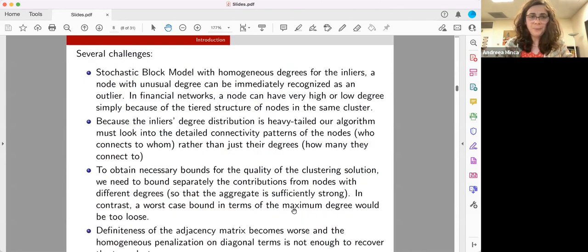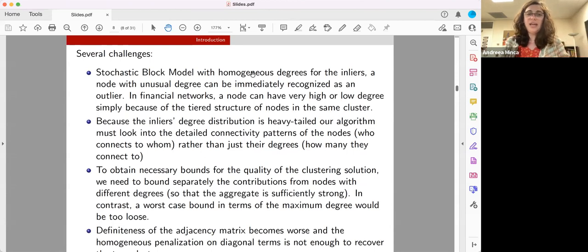Now, how did we deal with all of these things, and how are these models different from previous works? The stochastic block model is perhaps the most well-known model of clustering, and it usually has homogeneous degrees for the inliers.